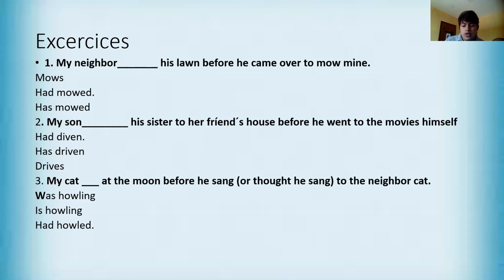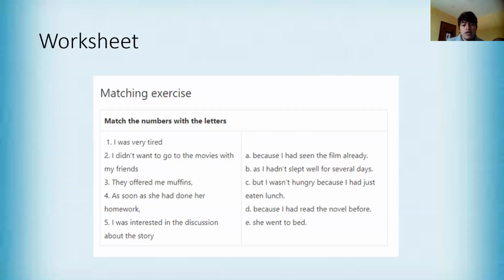Now you understand very clearly what the past perfect tense is. So now I'm going to give you a worksheet where you need to match the numbers with the letters.